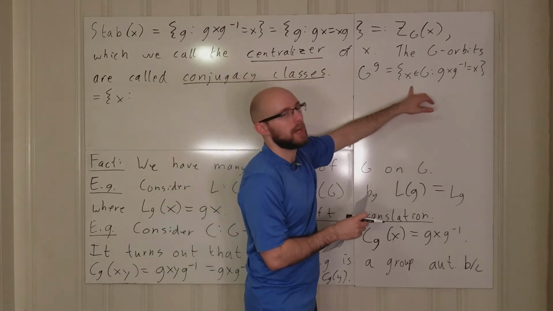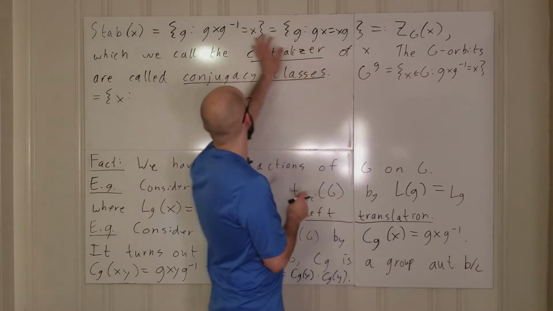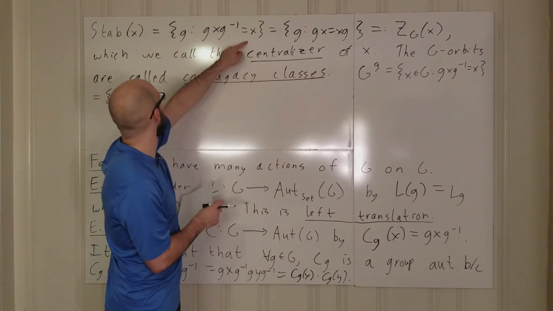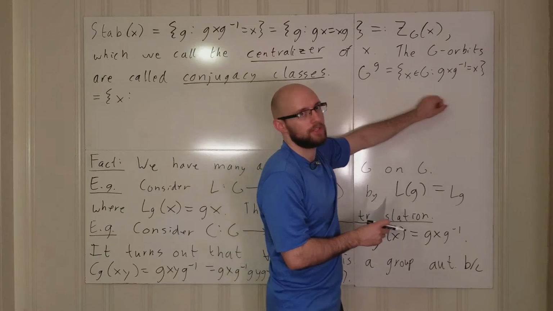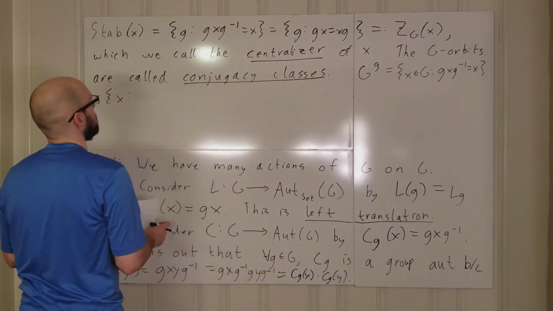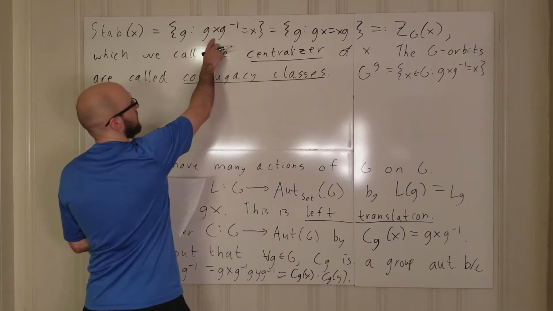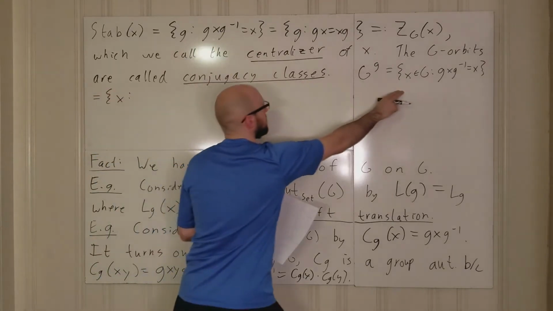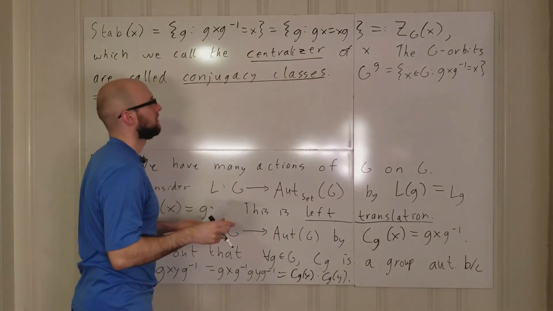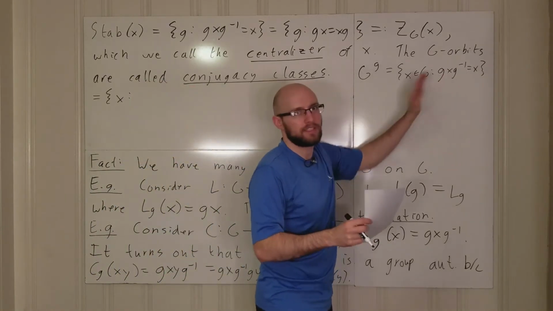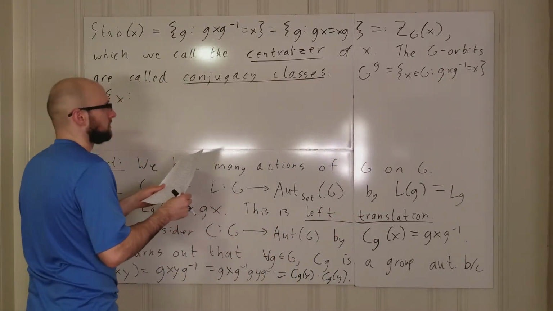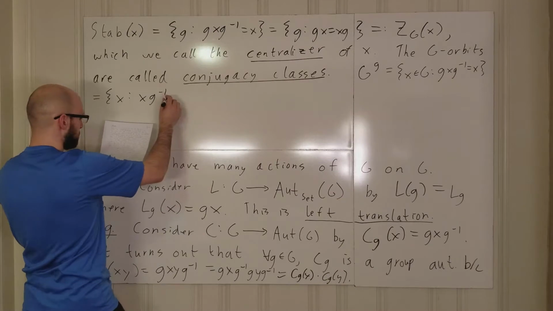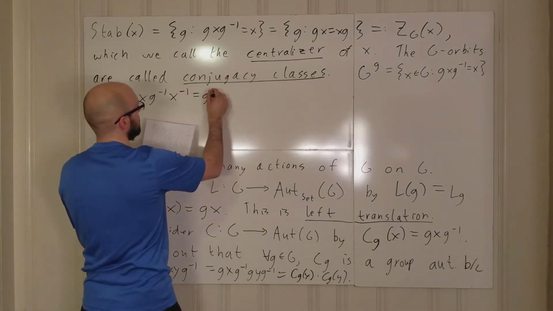But I'm using x and g in different ways in these two, so you have to be a little careful, because this is a collection of g's such that gxg inverse equals x. This is a collection of x's such that gxg inverse equals x. So if we want this to look like this, then the thing that's over here needs to be the thing that's doing the conjugating. So we need to have x's sandwiching the g's. And so we can write this as x such that x g inverse x inverse equals g inverse.